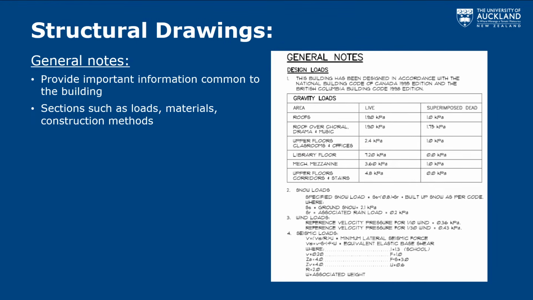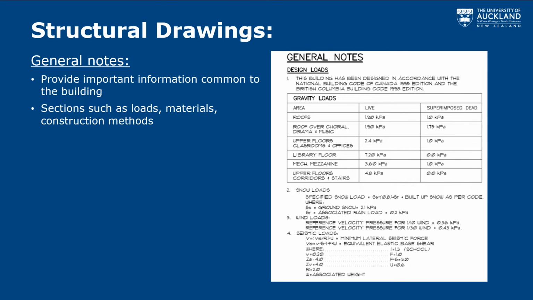And then almost every set of drawings will have, after a table of contents, a big sheet of general notes. I haven't shown you another big sheet of text because it would be kind of boring, but we're going to dive into some of the things which are on these general notes. They're going to provide really overarching and common information which applies to the whole building or the entire drawing set.